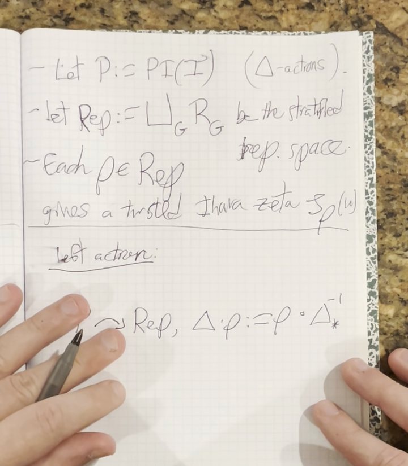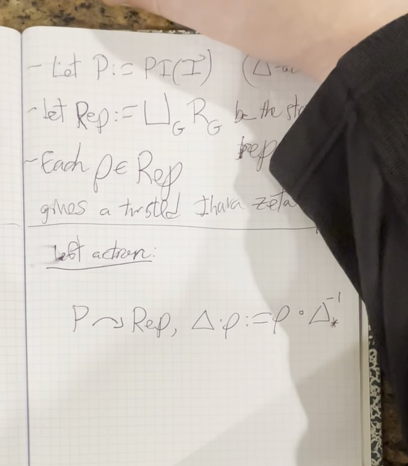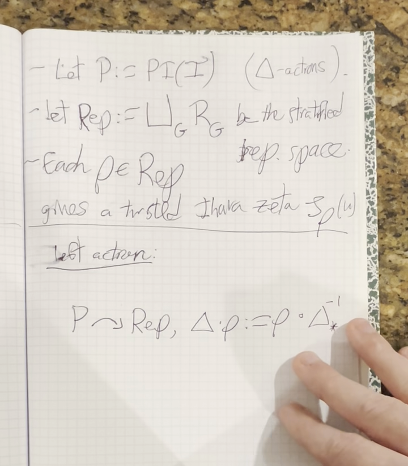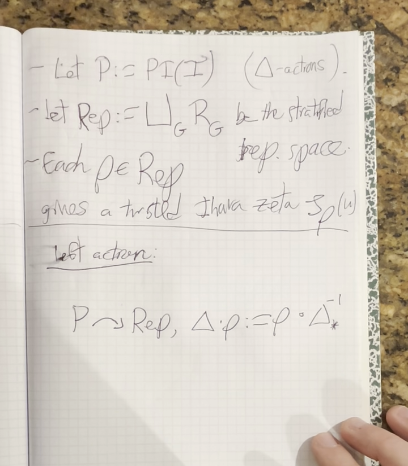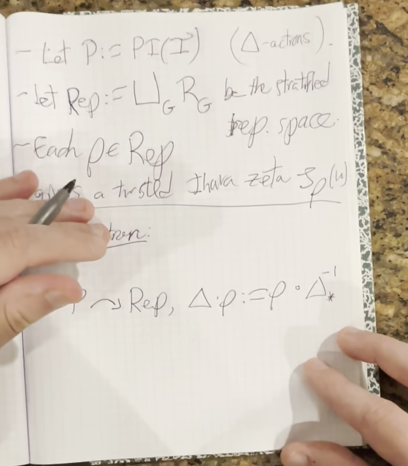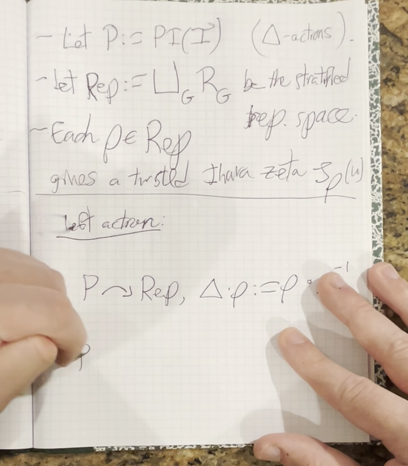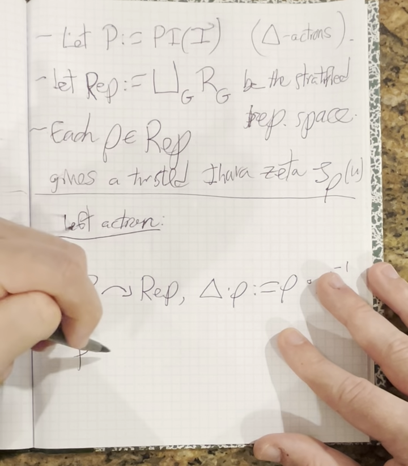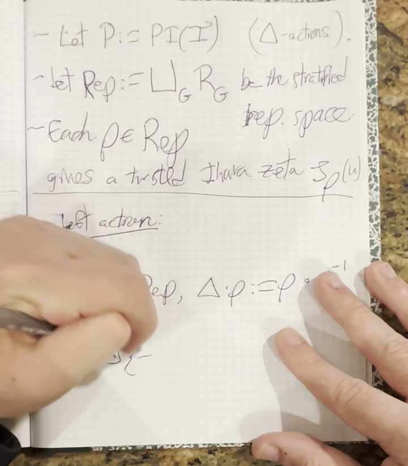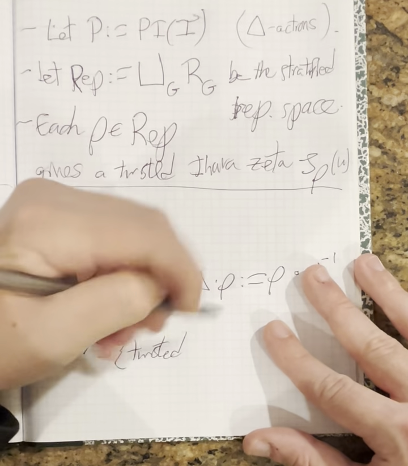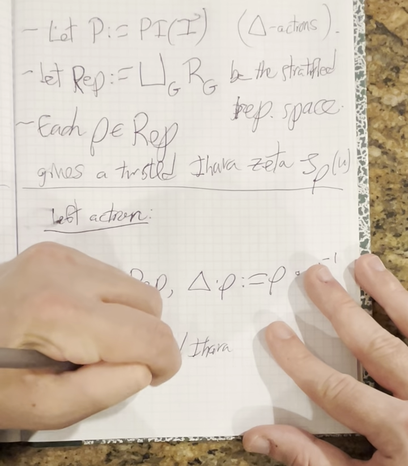Because our zeta function is functorial in the holonomy representation rho, we can conclude that P acts on the twisted Ihara zetas.